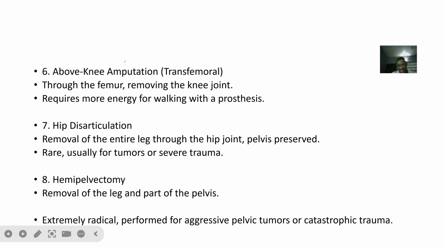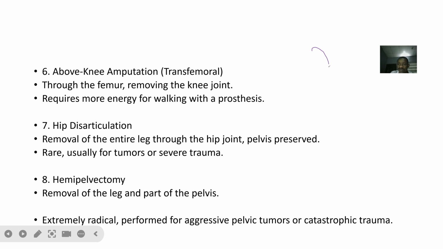Then we have hip disarticulation, where there's removal of the hip joint. Most of the time it is due to cancers, or probably a road traffic accident that they can't really manage, where the tissues are so damaged. Then we have the hemipelvectomy, which is removal of the leg and some part of the pelvis.